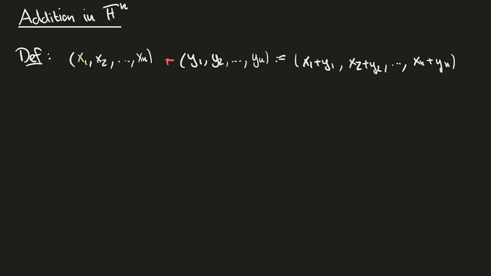So you see what we're doing is we're just taking the first components and adding them, and this becomes the new first component of the sum. And we're taking the second component of each of the summands, and we get the second component of the sum when we add them together, and so forth. So this is called component-wise addition.